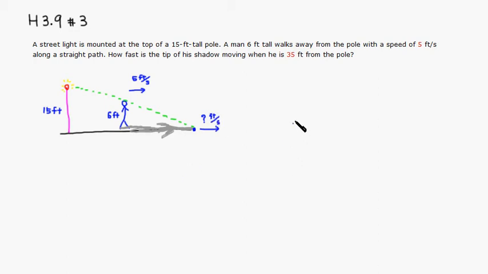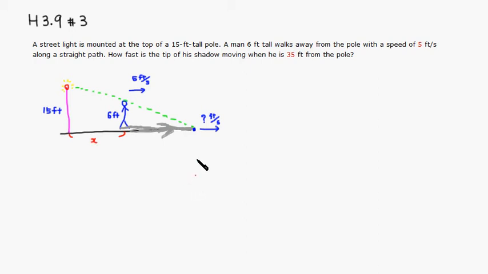Alright, so what we need to do is give variables for the changing quantities. First, the distance between the pole and the man, that's going to be x right here.